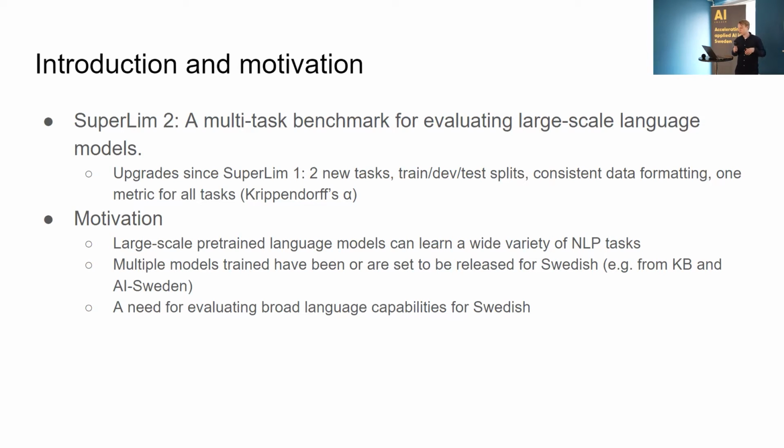And we have much more consistent data formatting. So every task has the same structure to it. And we use one metric for all tasks, Krippendorff's alpha, which gives us a good aggregate metric for how a model performs on all the tasks combined.